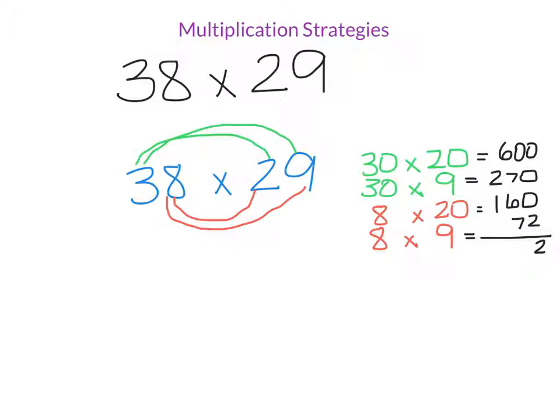So 2, 7 plus 6 is 13, plus 7 is 20. 6, 7, 8, 9, 10, 11. So 38 times 29 is 1,102.